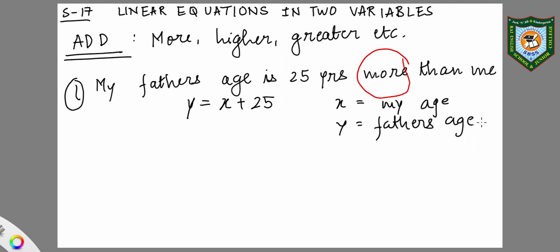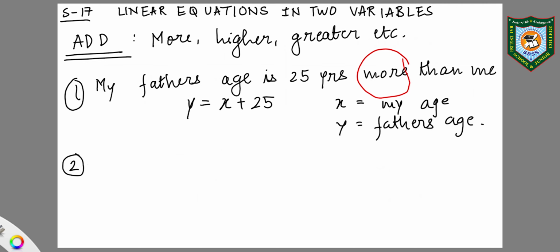Now it's very important to specify what is x, what is y. If you do not specify what is x and what is y, the examiner or whoever reads your solution does not know what you're talking about. So it's very important to specify what x and y you have defined.